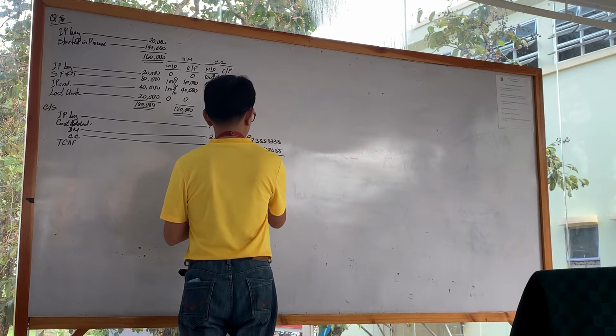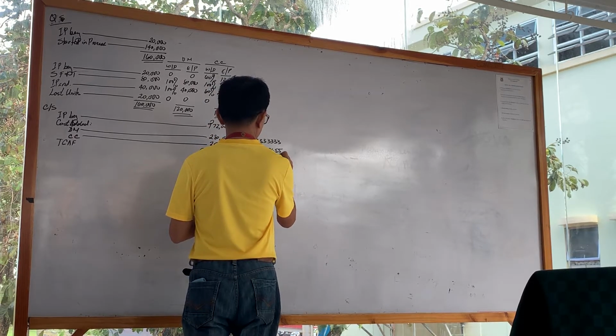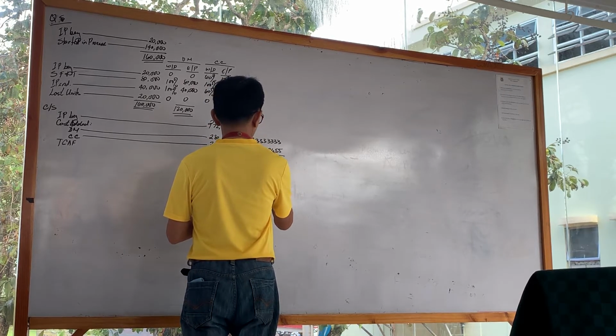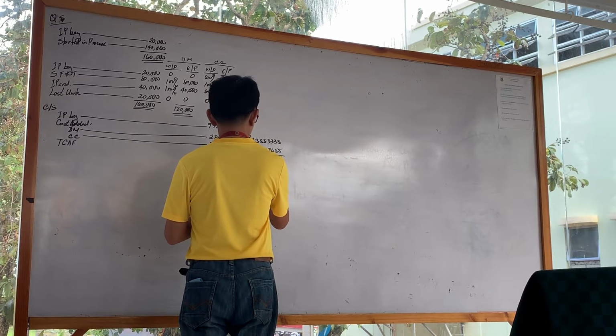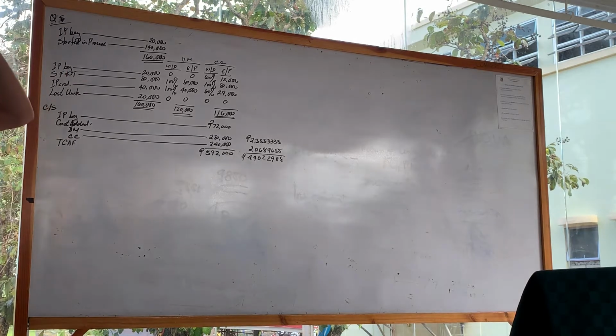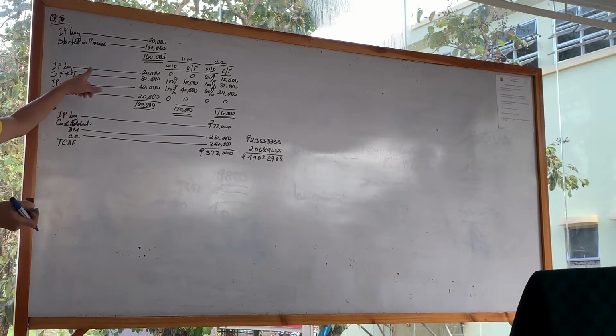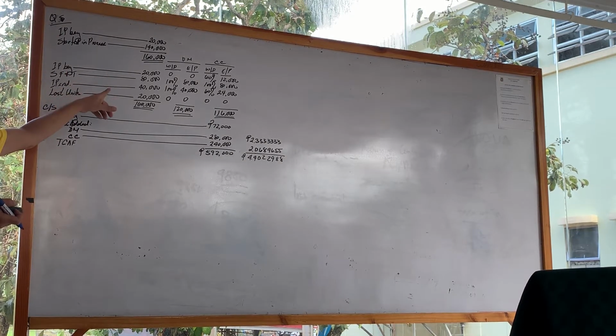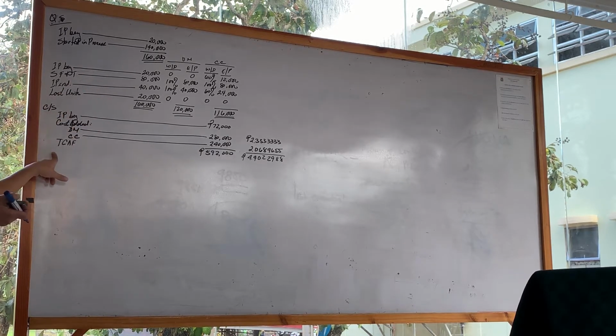Okay. Total 4.4022988. Equivalent production for the lost units happened at the start of the process of the first department is 0. ECAF should include an adjustment for lost units per unit.